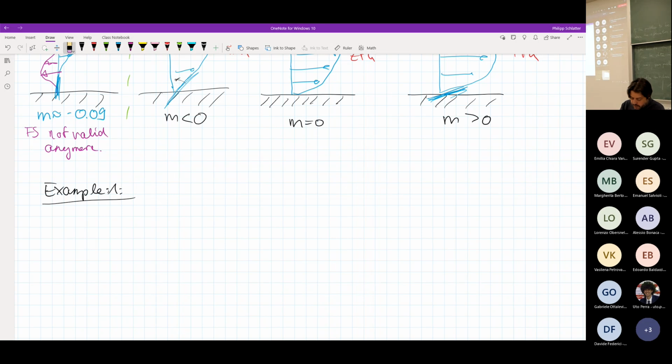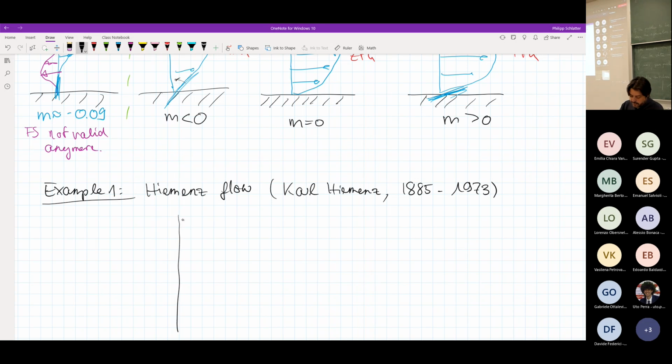Let's do example number 1, and that is a flow case which is called the Hiemenz flow. This goes back to a person who studied it, Karl Hiemenz, a graduate student of Ludwig Prandtl, also in Germany, 1885 to 1973. He was looking at the following situation.